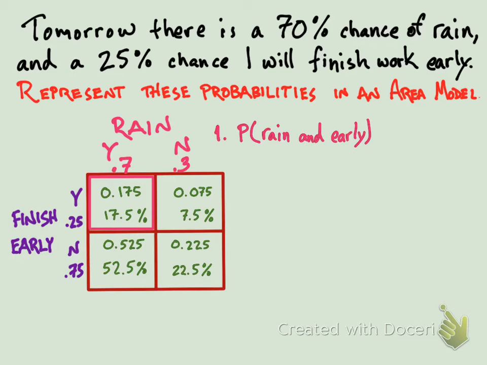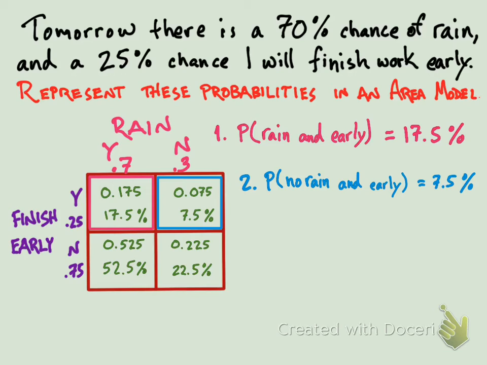Well, that's what that upper left-hand cell represents: a 17.5% chance, apparently. What about the probability of no rain and me finishing work early? Well, that would be to the right there, rain being no and finishing work early being yes. That's that upper right-hand box, and that apparently is a 7.5% chance.